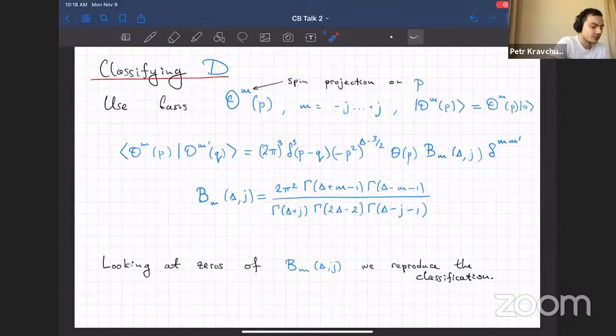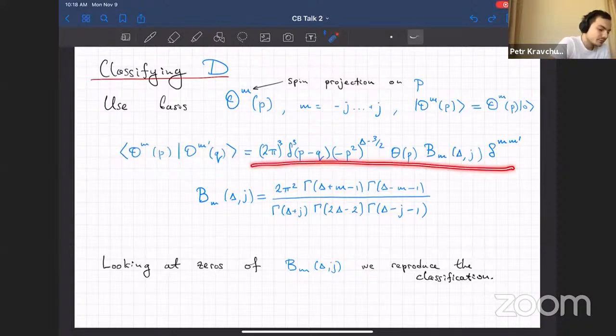So the basis is dependent on p itself. If we define the states O_m of p by acting with this Fourier transformed operator in this basis of indices on the vacuum state, then we can easily constrain the inner products of such states to be of the following form.